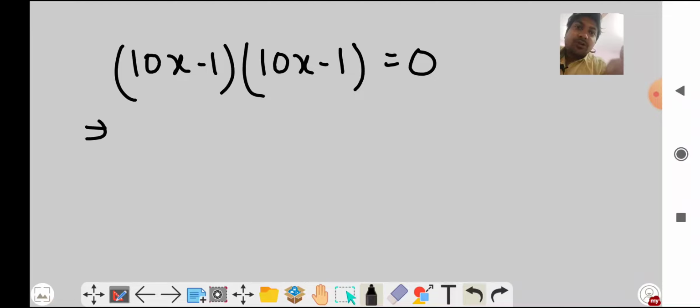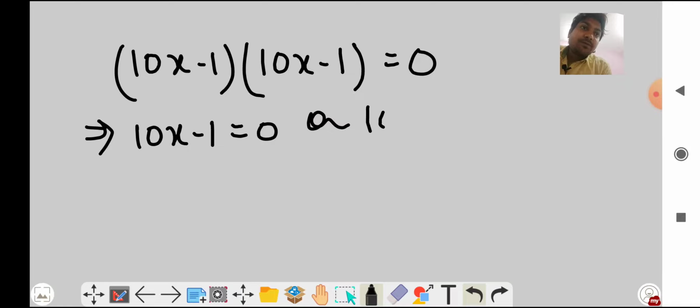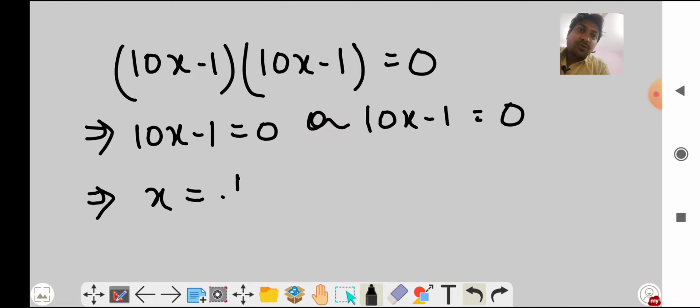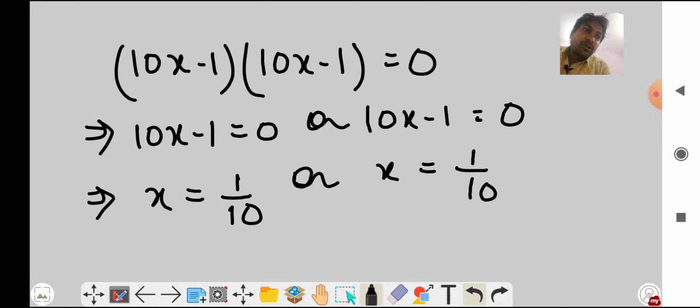It means what? This 10x minus 1 equals to 0, or the second 10x minus 1 equal to 0. So from here I am getting x equal to 1 upon 10 or x equal to 1 upon 10.